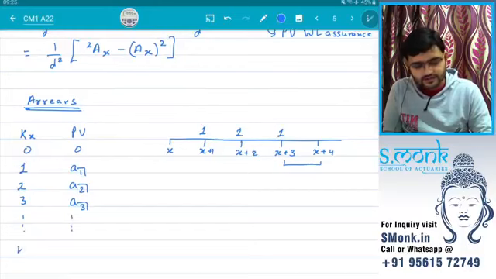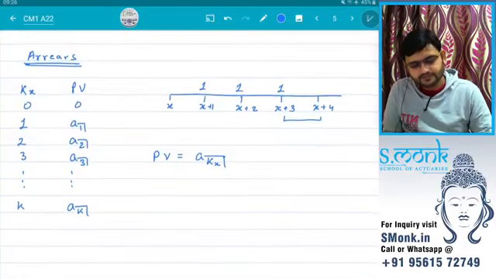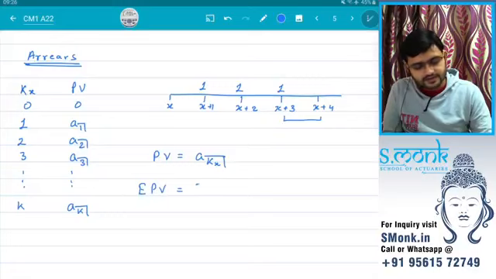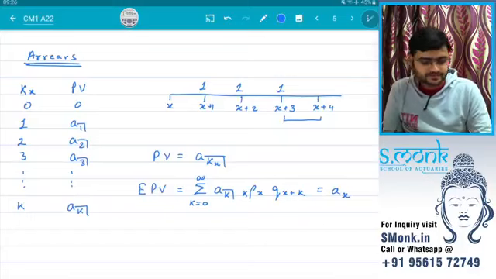Similarly, if the person survives for k number of years, we'll get a angle k. So the present value becomes a angle kx. So the expected present value, we will write as summation k going from 0 to infinity of a angle k, kpx qx plus k.